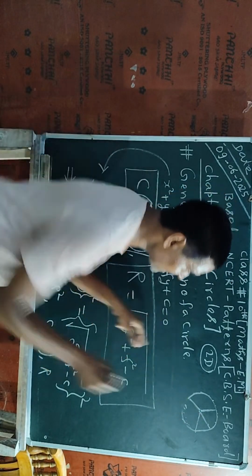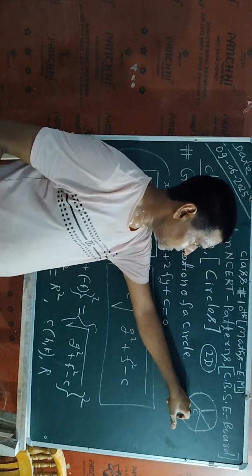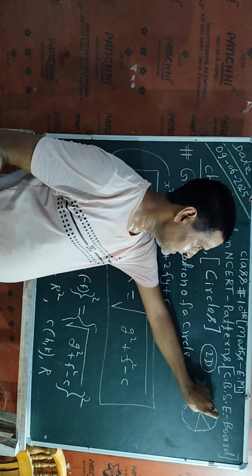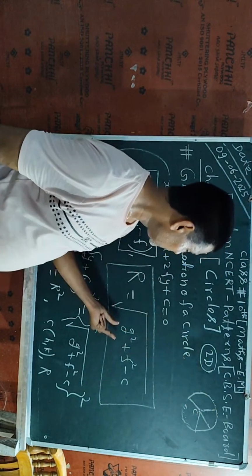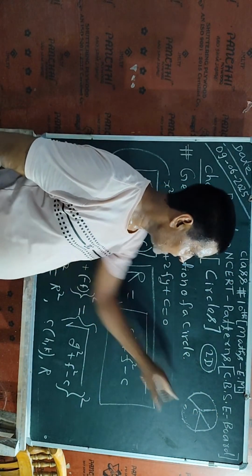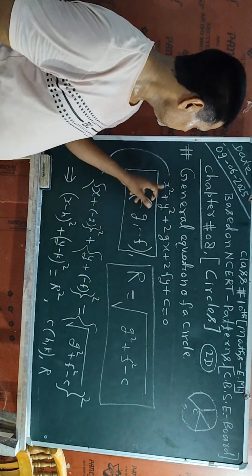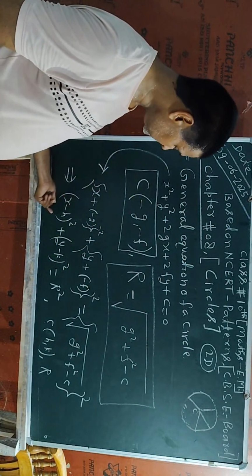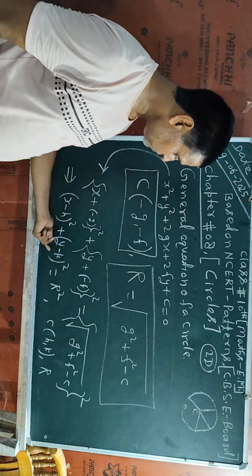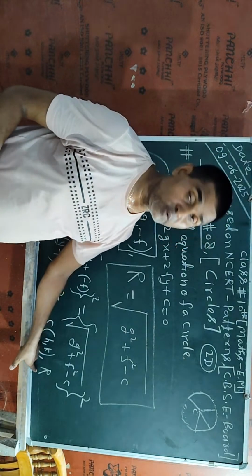Here I am showing this is the center, the fixed point. From the fixed point it is a constant distance. This constant distance I have written here as the radius, and its center is h comma k. If the equation is available in general form and also in this form, I will say its center will be h comma k and its radius will be r.